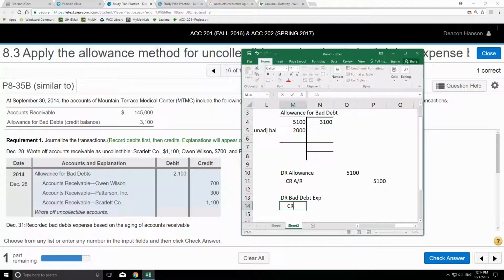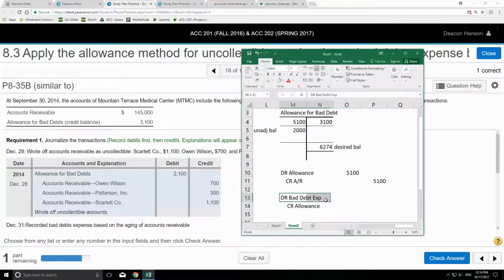What would I have to debit and credit to my bad debt expense and to my allowance? If I'm still targeting that 6,274, that means I'm trying to get over here to 6,274, right? This is the desired. What do I have to do to get that $2,000 debit balance up to 6,274?